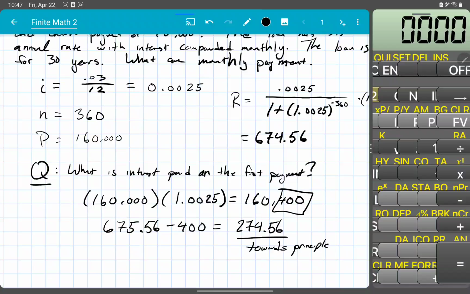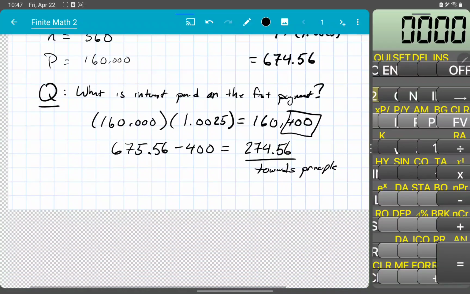For a long-term loan, you'll be surprised when you buy a home someday, and God willing, if you buy a home someday and you get that first bill and you're like, wait, nothing is going to the principal, basically. That's just the way of the world, because you have to pay the interest first. The interest is always paid first. Okay, so that's how you calculate that.